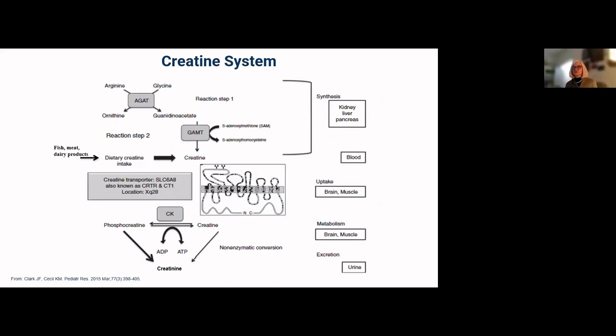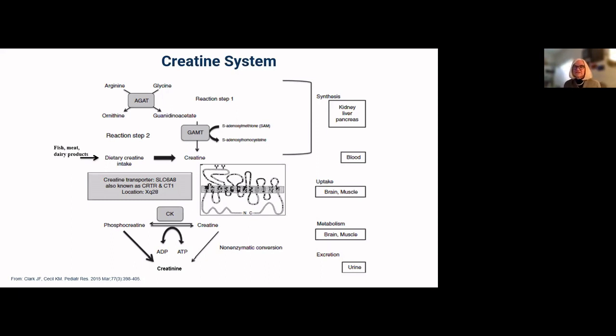Creatine is synthesized endogenously, but it's also introduced from the diet. The major sources of creatine from the diet are fish, meat, and dairy products. The endogenous synthesis occurs in kidney, liver, and pancreas, and starts from arginine and glycine.